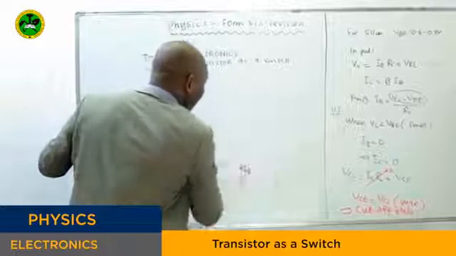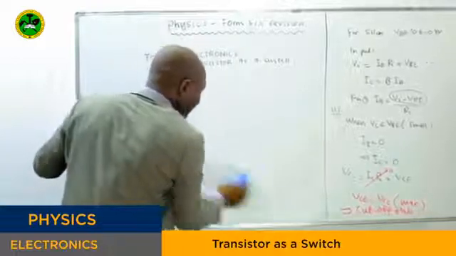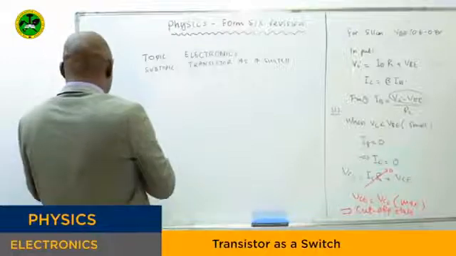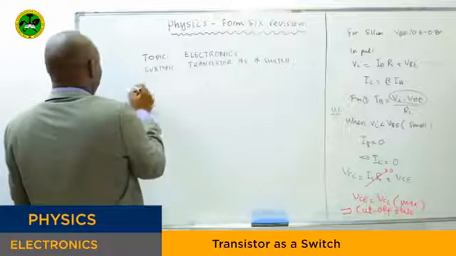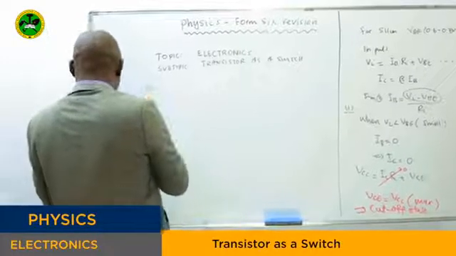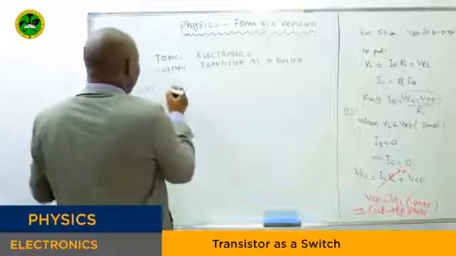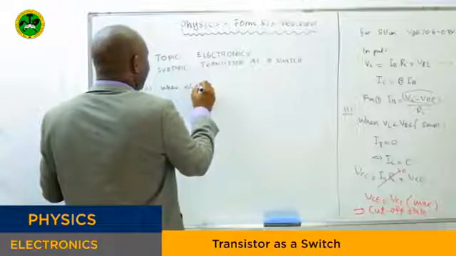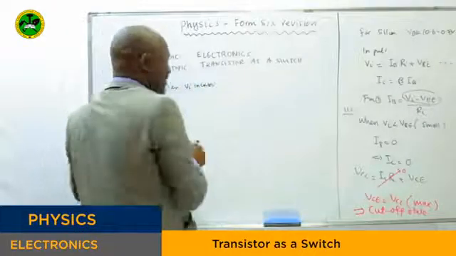What happens now? The second case: what happens when VI increases?